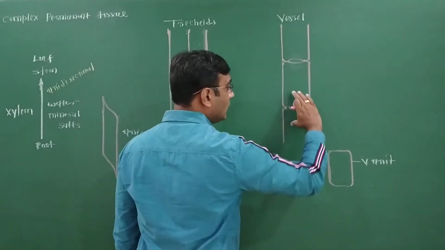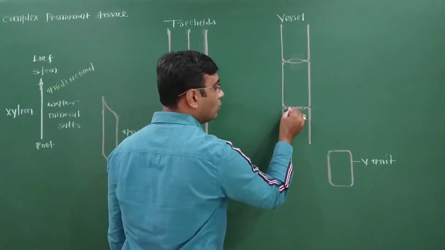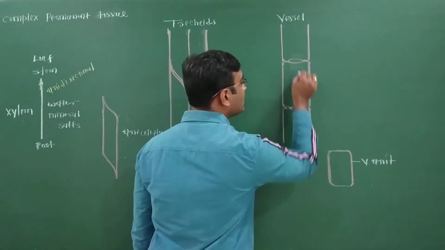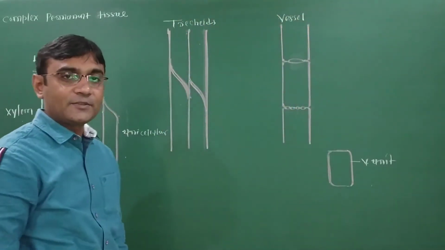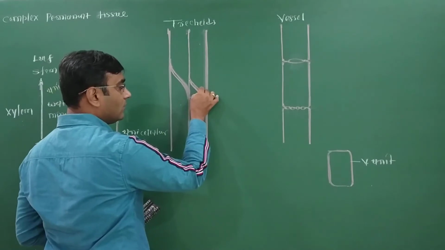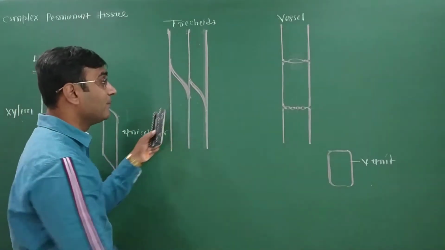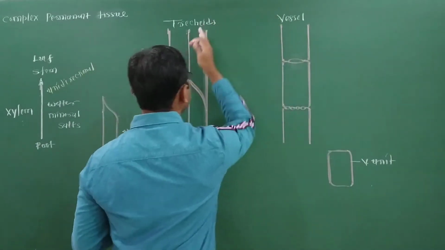So two nearest vessel units are interconnected through a common wall having many pores or one single large pore. See here, the common wall between two trachea is not porous, it is closed. This is the main basic difference between vessel and trachea.